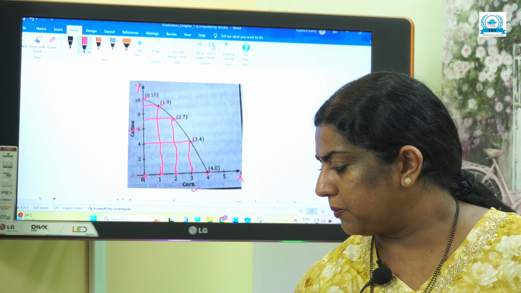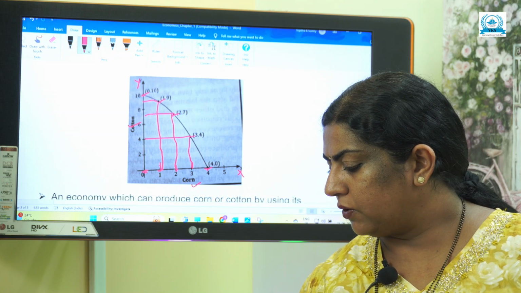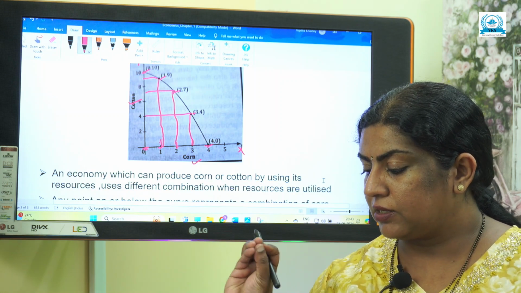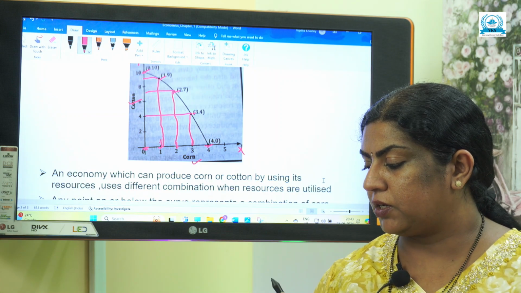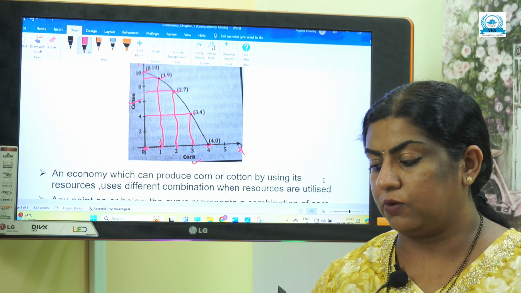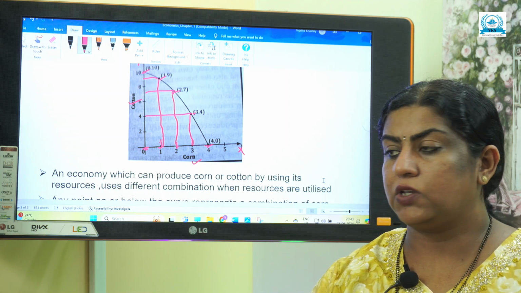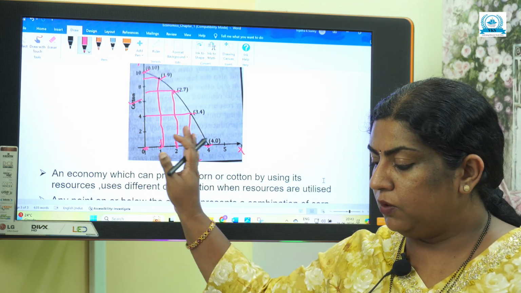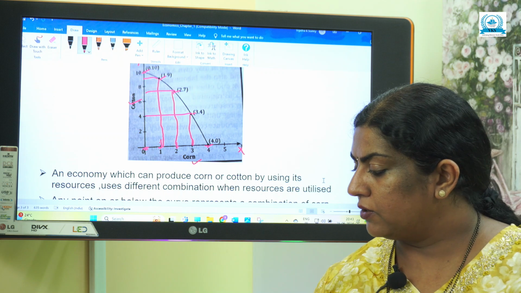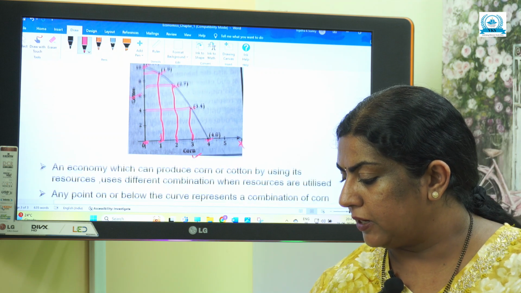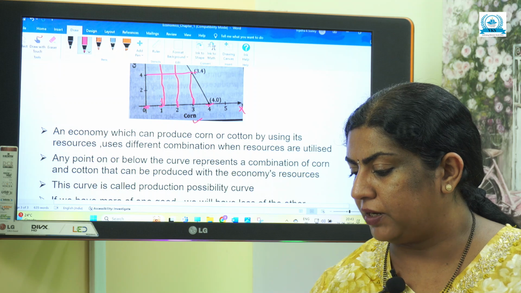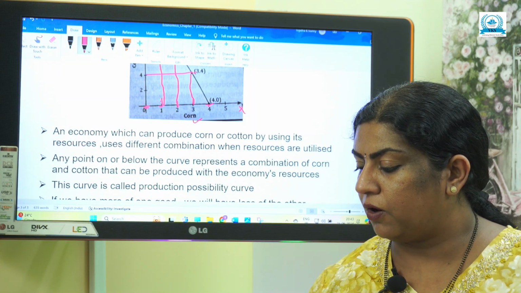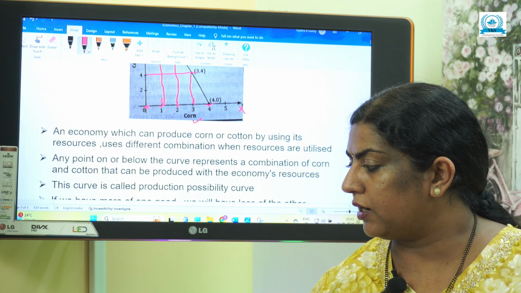So let me explain this in detail. Here is an economy which can produce corn or cotton by using its resources, and it uses different combinations of the resources. So when the resources are utilized, the combinations come out different. Any point on or below the curve represents a combination of corn and cotton that can be produced with the economy's resources.